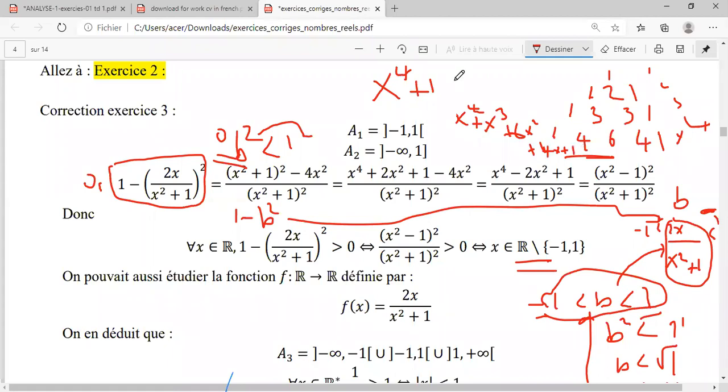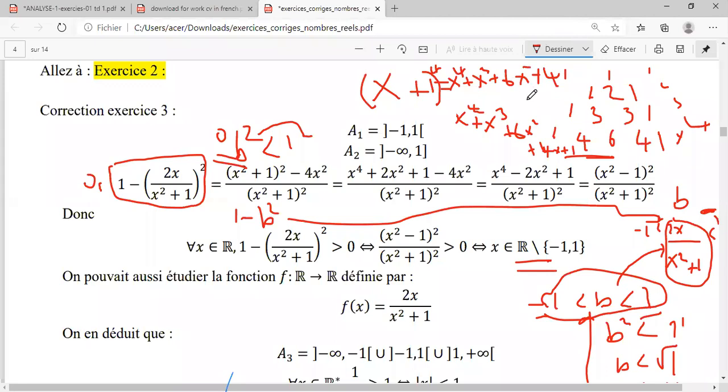So this is actually equal to saying x to the power 4 plus x to the power 3 plus 6x squared plus 4x plus 1.